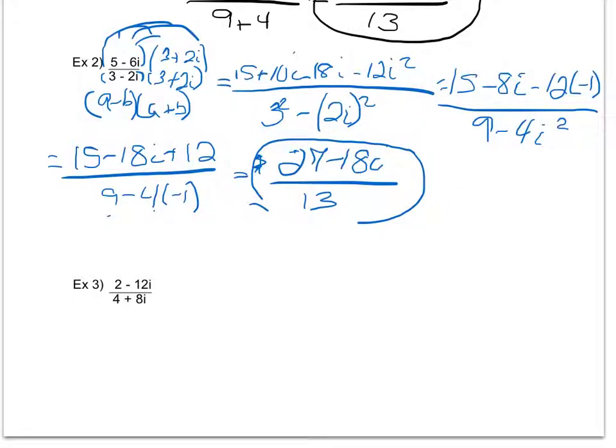So if I look at my final example, I notice again that I have a denominator with an i, so I multiply top and bottom by my conjugate, 4 minus 8i.